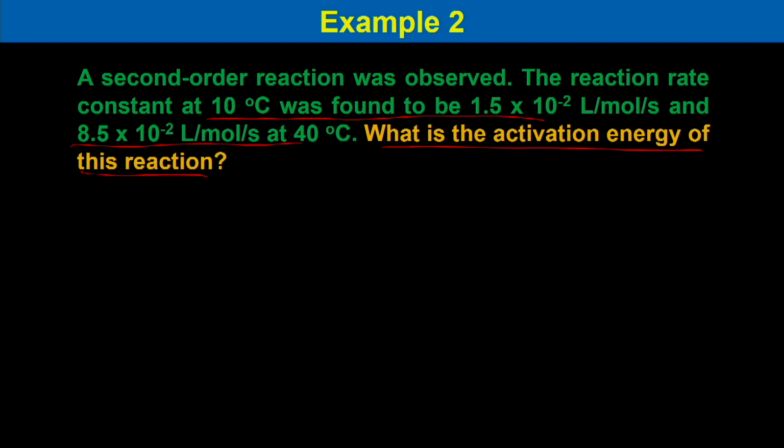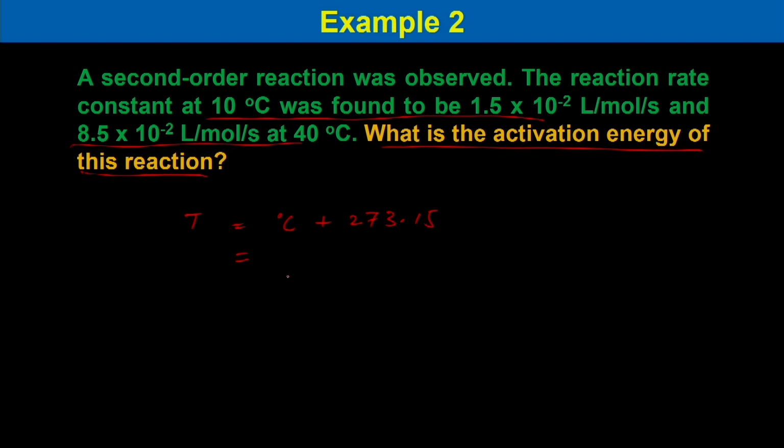So, step 1, we need to convert the temperature into Kelvin, that is T = degree centigrade + 273.15.